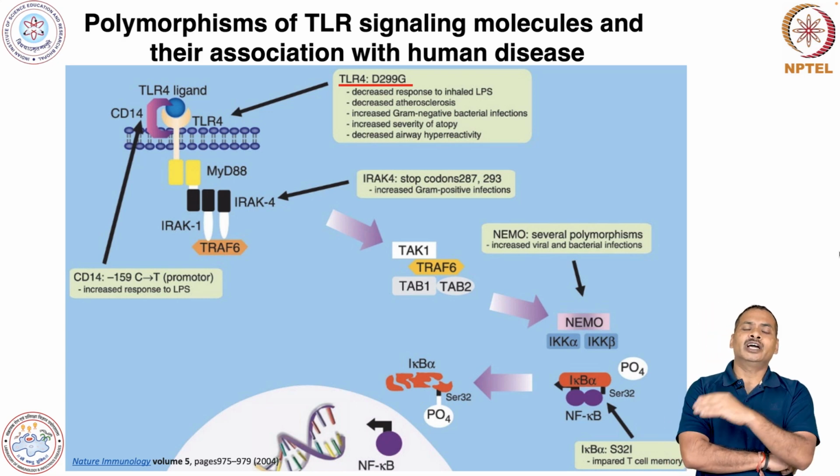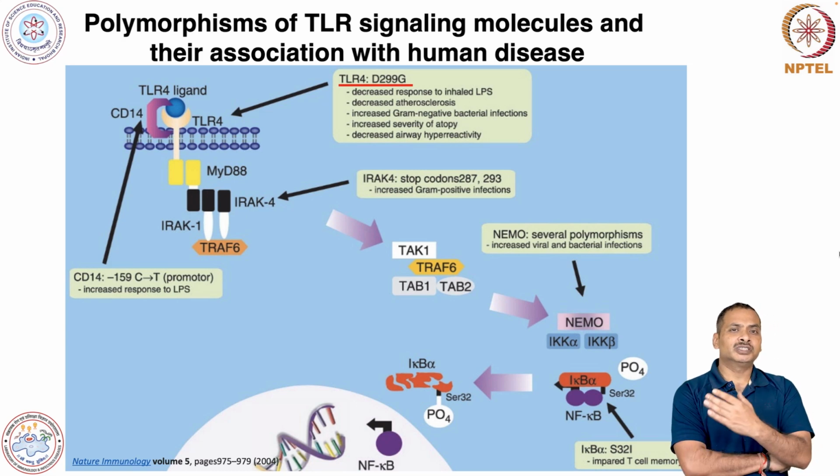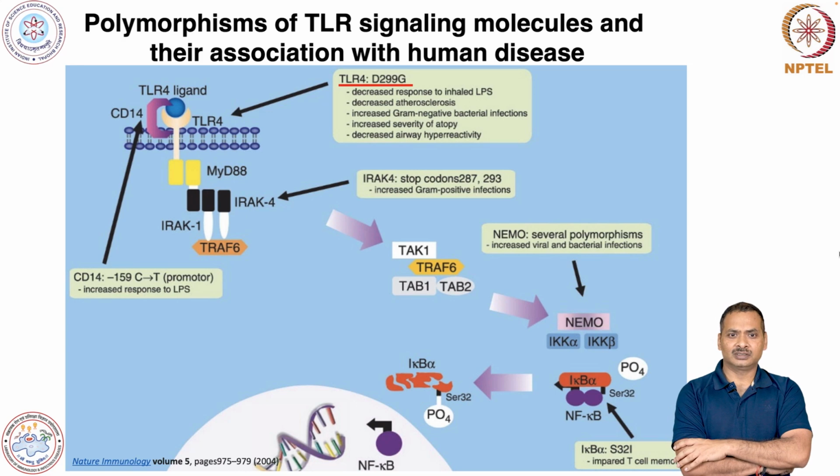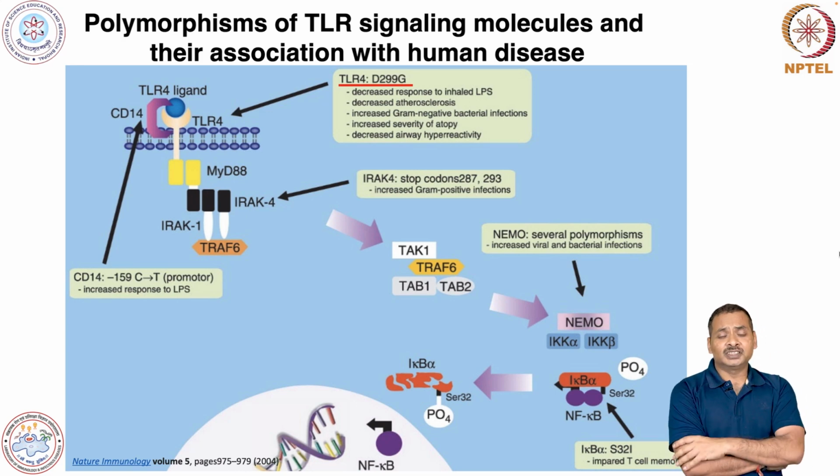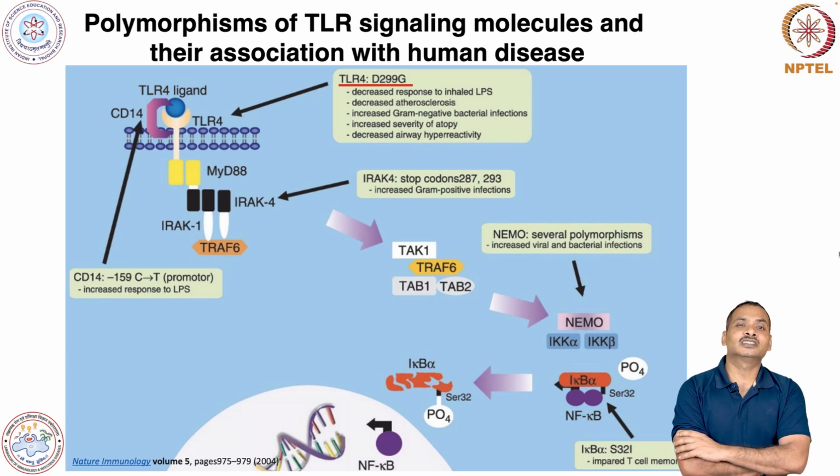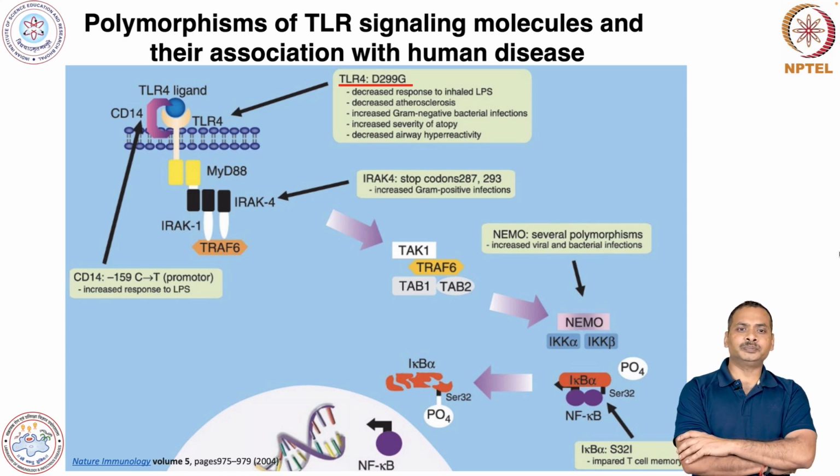If it is happening in a major artery in the heart, then that results in cardiovascular disease. So, if this mutation is there, this is kind of good news, that there will be a decreased incidence of atherosclerosis.